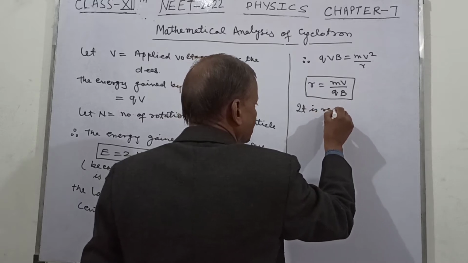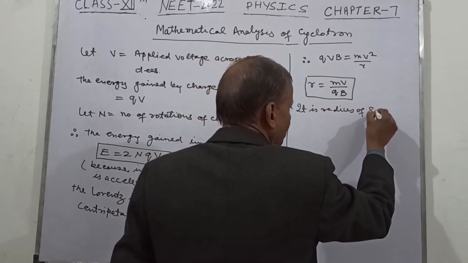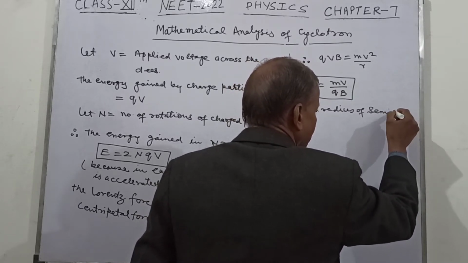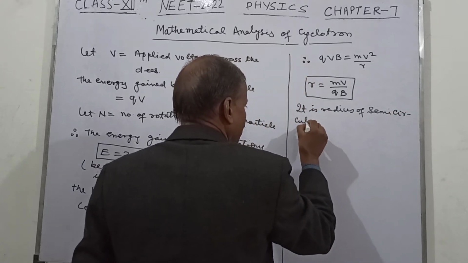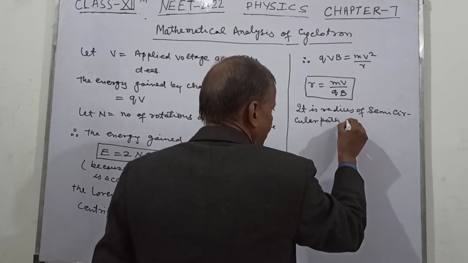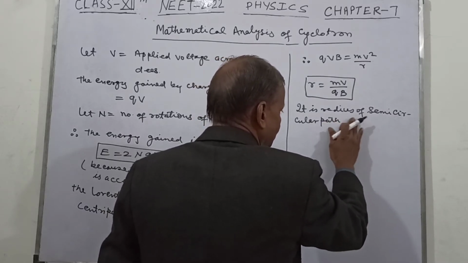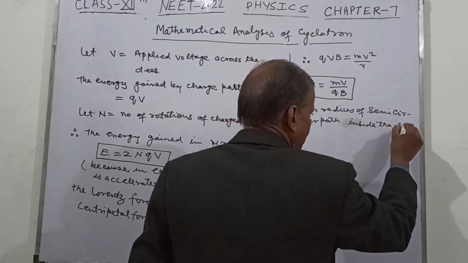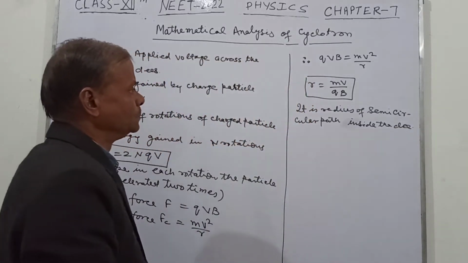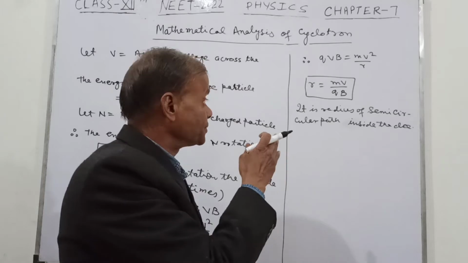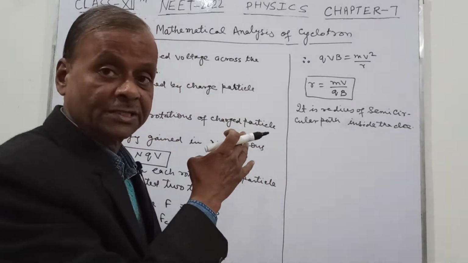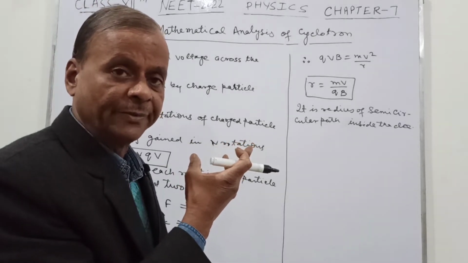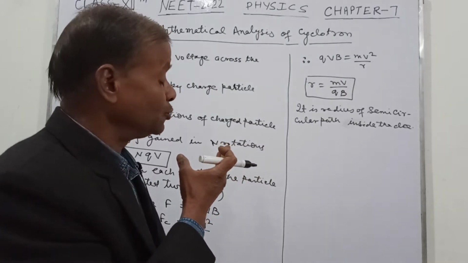This is the radius of the semicircular path inside the D. So now you can see that this radius depends upon the momentum, that is mv, and the charge and the magnetic field B. A very high magnetic field is applied by means of electromagnets, so that this r is small.